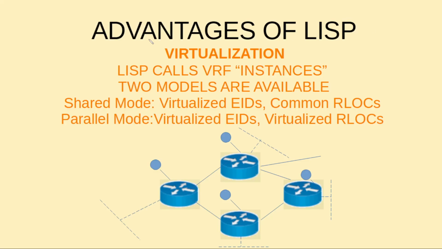Let's talk about the next advantage of LISP. That is probably one of the most important advantages of LISP, which is virtualization. This means that the support for VRFs is built in natively within the LISP routing protocol.